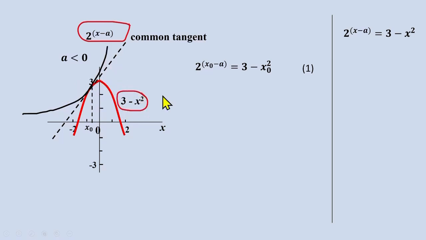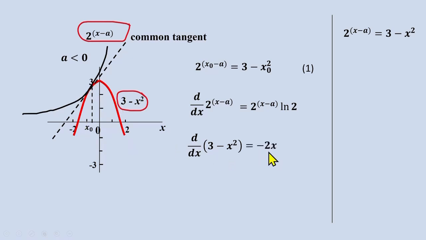So we can calculate the slope of this tangent using the first function and the second, and equate these two slopes. We start with this function, and the slope of this function, which is equal to the derivative, we can represent in this form. And on the other hand, we can find the slope using the equation of this parabola, and this is just negative 2x. The slopes are the same, so this part and this part of these two equations are equal.